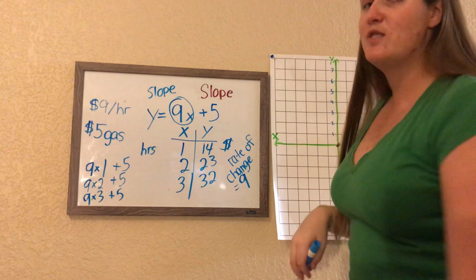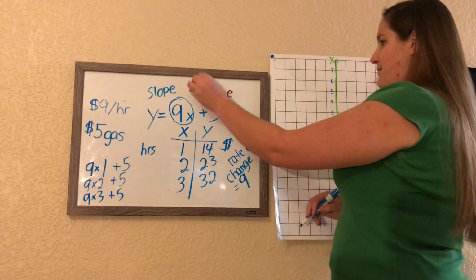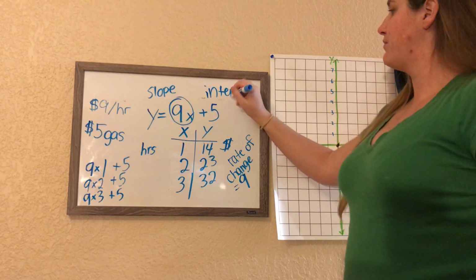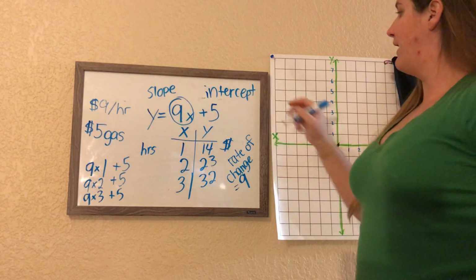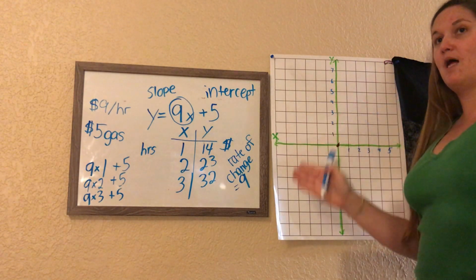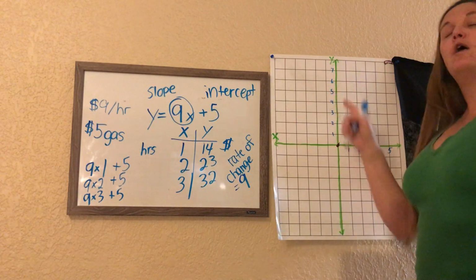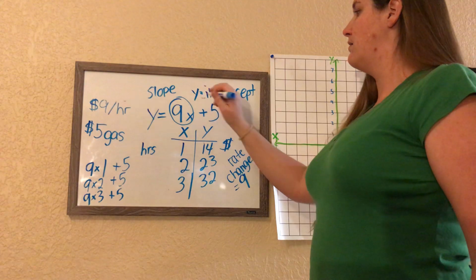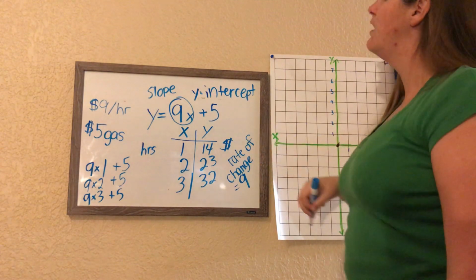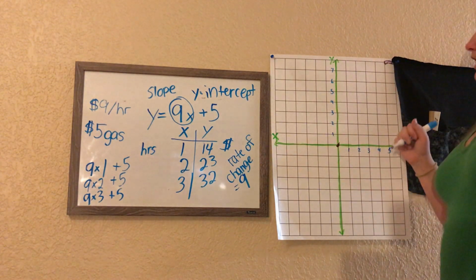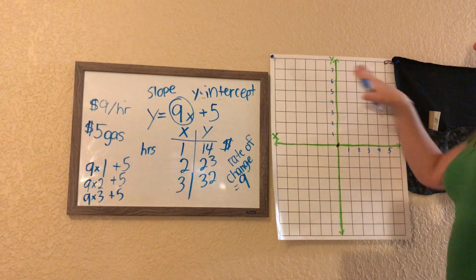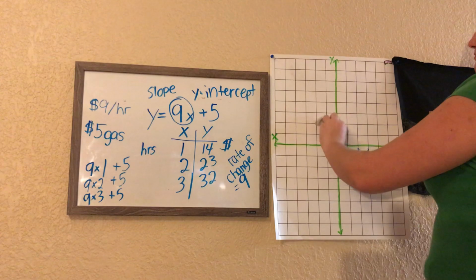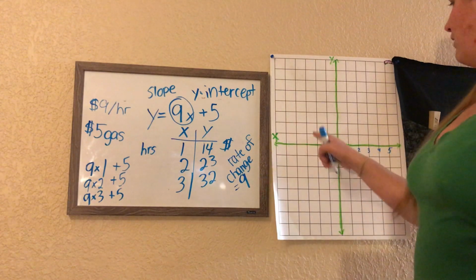This 5 is what's called an intercept. An intercept means, where does my sloped line cross through the y-axis? Okay. So this means I'm going to change the scale that I have here, because it's too small to fit all this.